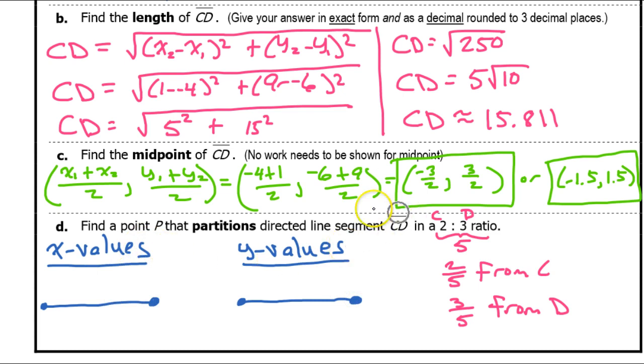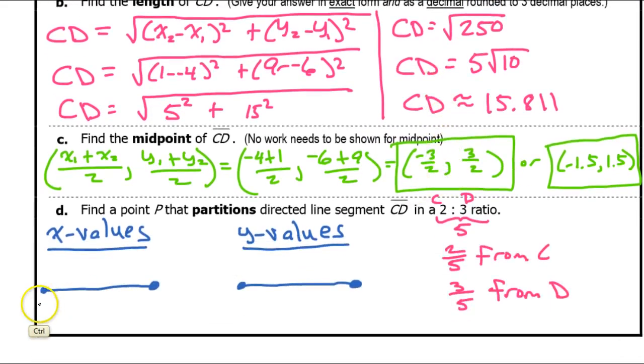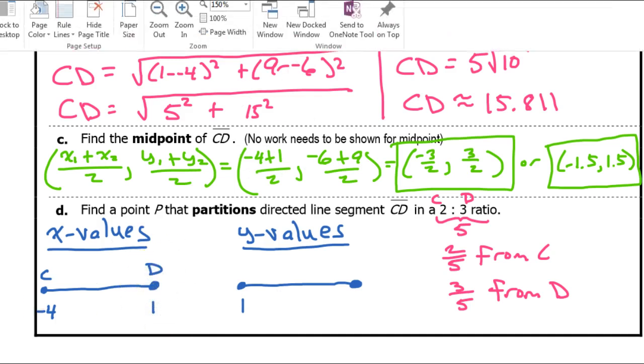Let's see. So let me bring these points down. My x values are -4 and 1, and that was point C. Whoops, I didn't mean to put them on the y value chart. Alright, the 1 goes here. So that's C and D. These are x values.